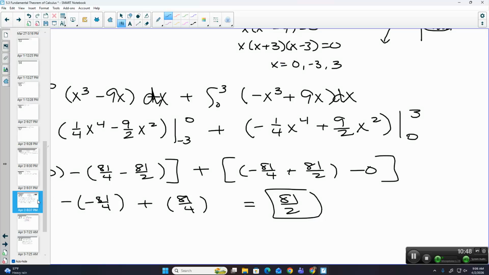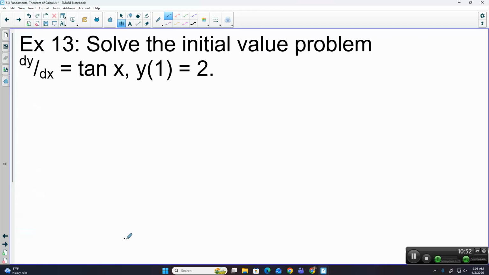Let's look at the very last example. Alright, so if I want to solve this initial value problem, it tells me the derivative of y is tangent.